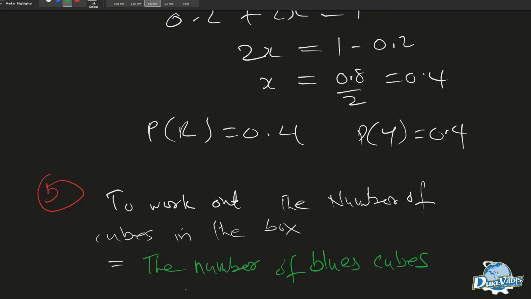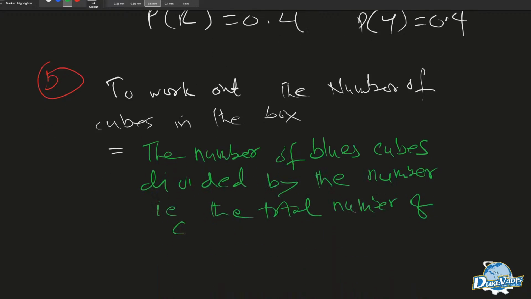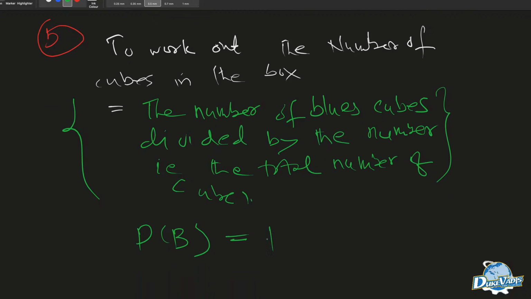The probability of selecting blue is given as the number of blues over the total.